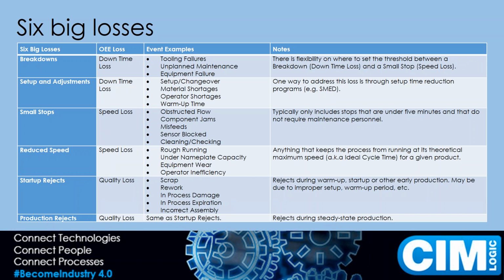We might have losses due to small stops or running at reduced speed, and those contribute to the speed losses. And finally, we might have rejects at the beginning of a new product, startup rejects, or production rejects during normal production time, and these last two contribute to the quality losses.